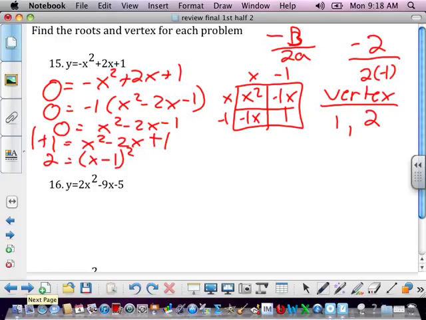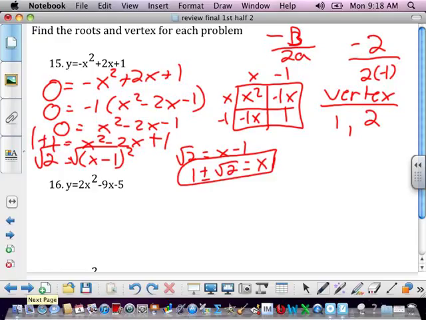Then we square root. We get the square root of 2 equals x minus 1. Now we're going to add 1 to both sides. So 1 plus or minus the square root of 2 equals x, and we can leave it just like that. Or you can plug this into your calculator and find the two decimals.